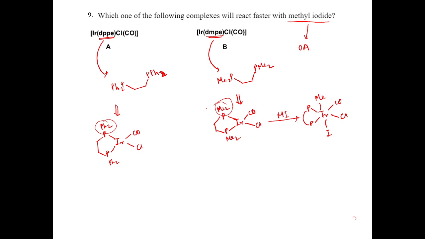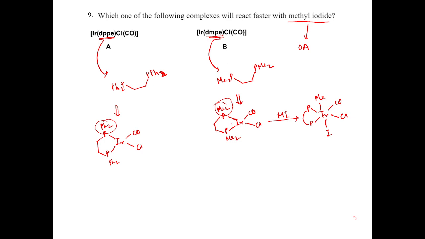You understand that when it is an oxidative addition reaction, the metal center has to be electron rich, right? If phenyl groups are present, there is a high chance that, because of the aromaticity of the ring, it will pull out the electrons. However, in the case of the methyl group, there is an inductive effect, so it doesn't take out the electrons, so the electron density is much more.